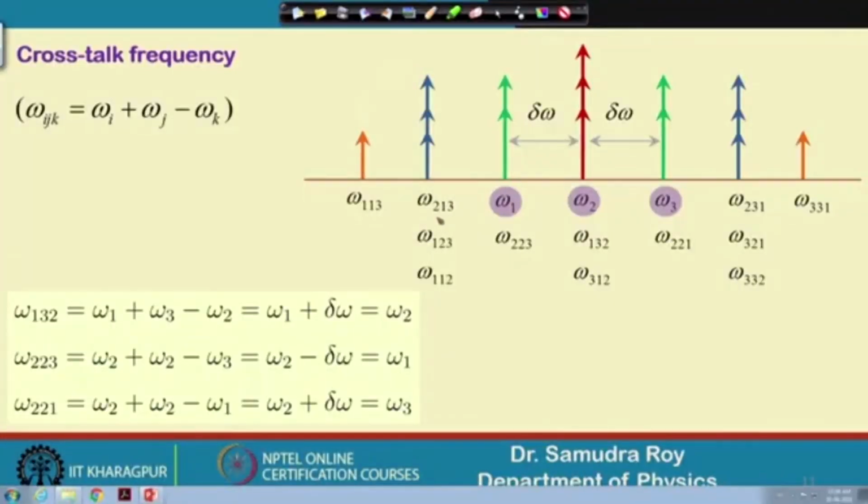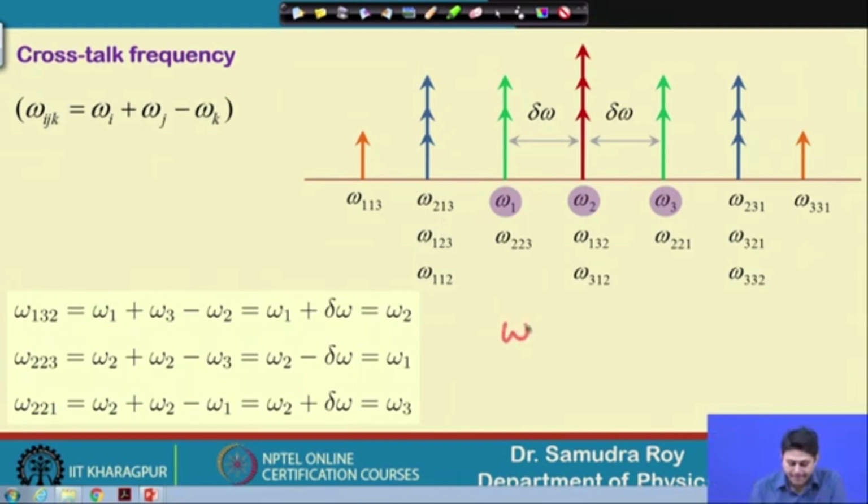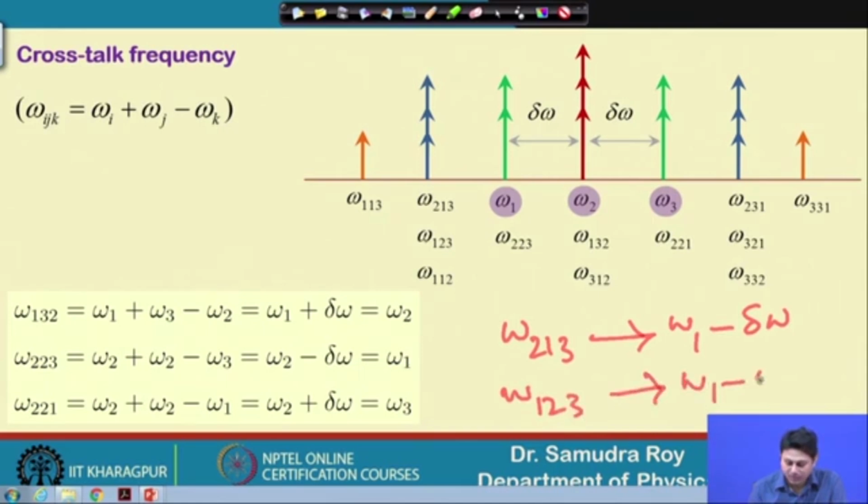In a similar way, you can calculate that omega 213 will give rise to omega 1 minus delta omega frequency, and also omega 123 gives rise to omega 1 minus delta omega frequency, which falls on this side of omega 1.